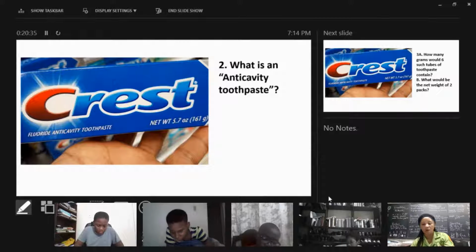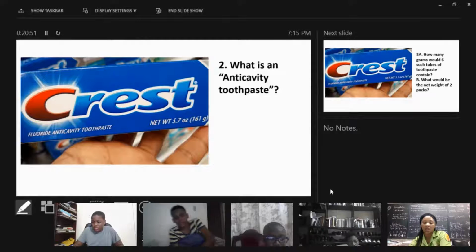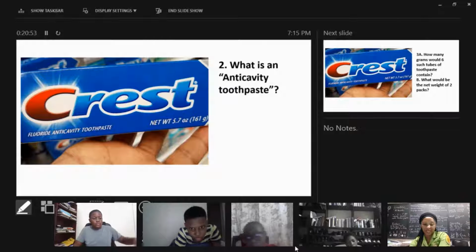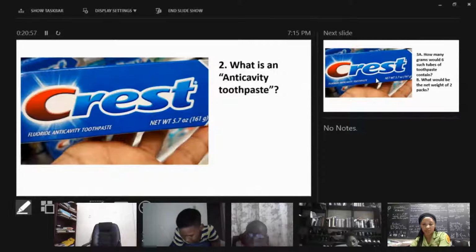Oh, okay, Gabby, your 20% came in afterwards. Jaden, you are correct, and Antoine also says it fights against cavities. Yes, Jaden, this particular question was asked in part 1 about that toothpaste as well.